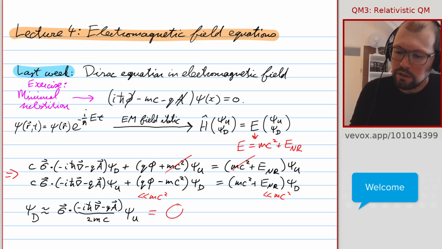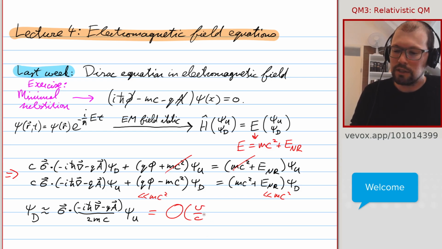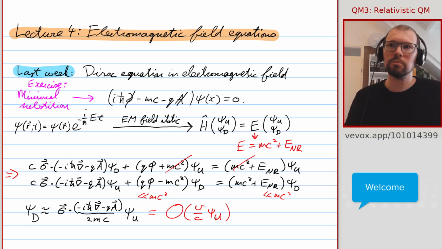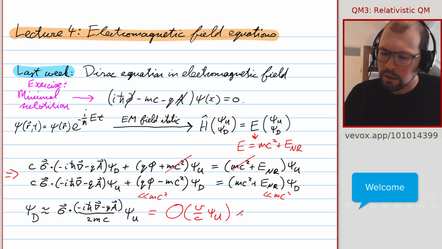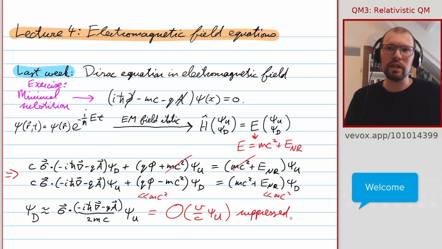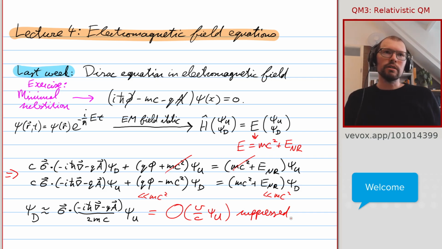So this is the order of the velocity over the speed of light times the magnitude of the upper component. So indeed, this part is really suppressed if we're looking at particles that are not traveling fast compared to the speed of light. Now, this is also what we should expect from the explicit plane wave solutions that we've seen last time.